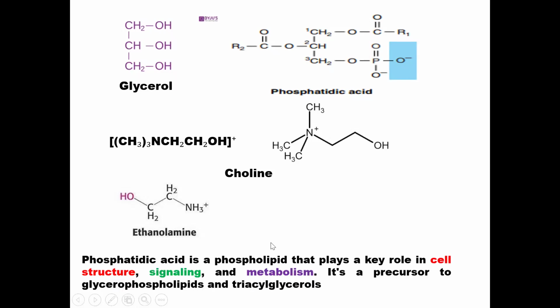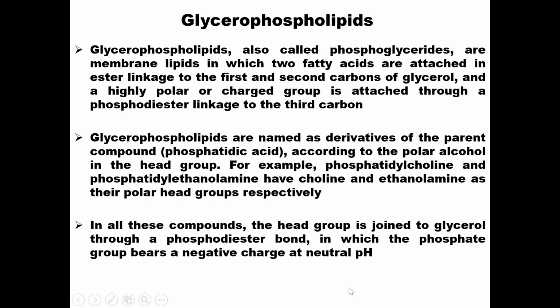So this phosphatidic acid is very important in that it plays a key role in cell structure. It also plays an important role in signaling and in metabolism. So it is a precursor to glycerophospholipids and also triglycerols. So let's look at what glycerophospholipids are.